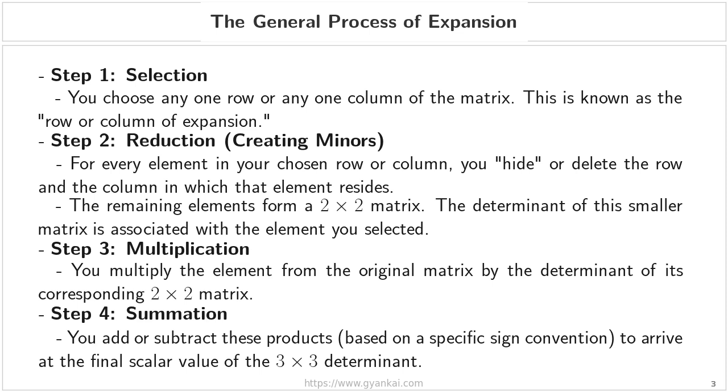Just a quick heads up, you'll need to follow a specific sign convention, which we will discuss in detail shortly, to decide whether to add or subtract each term. Once you've combined them all, you'll arrive at the final scalar value, which is the determinant of your original 3x3 matrix. In the next slide, you'll see how this process gives you a lot of flexibility in how you approach a problem.